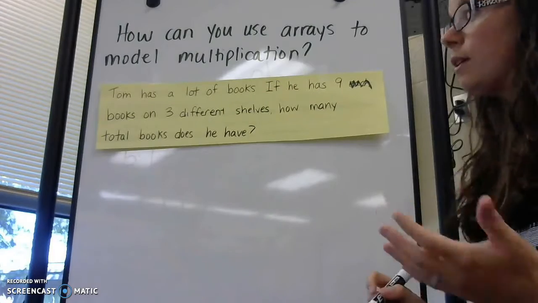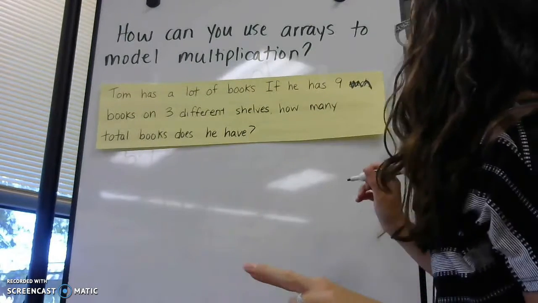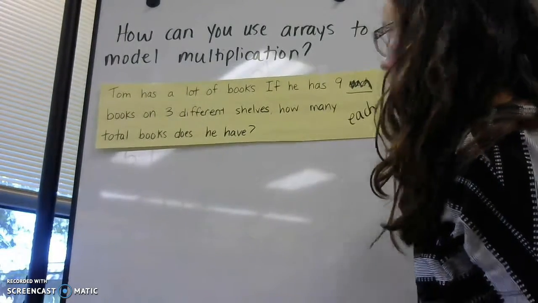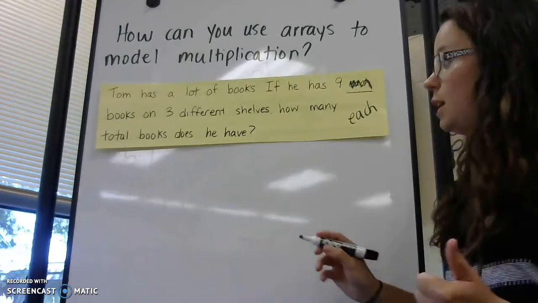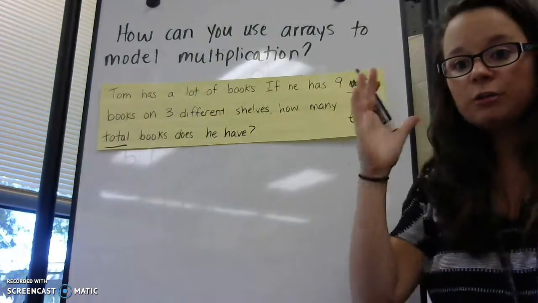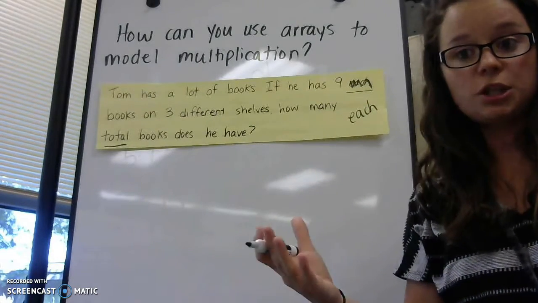I do want to give you a little hint that there are 2 clue words here that tell me we're doing multiplication. Each is a clue word that tells us that we might be doing multiplication, and total can also mean multiplication. But we have to use our brain here because total could also be telling us that we're doing addition.